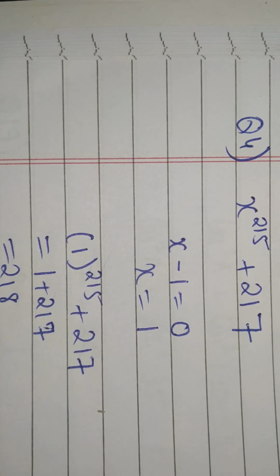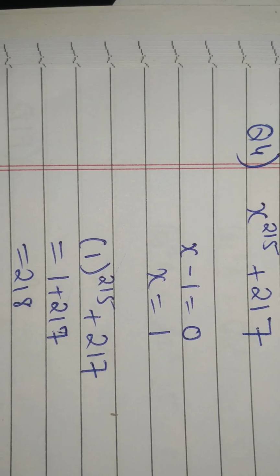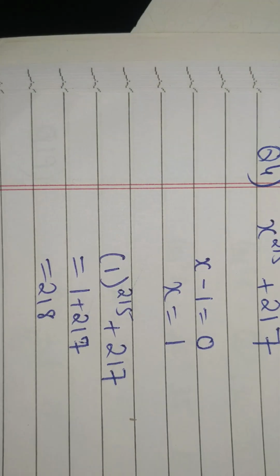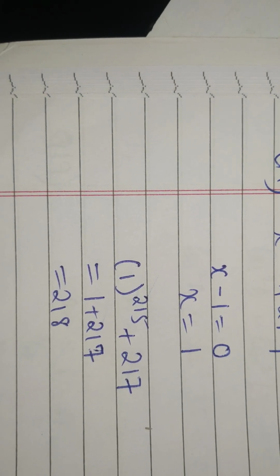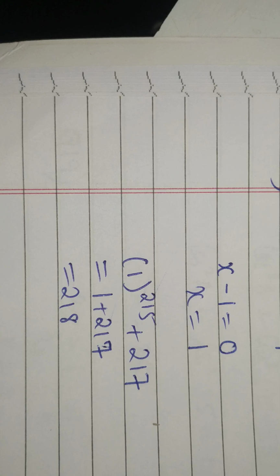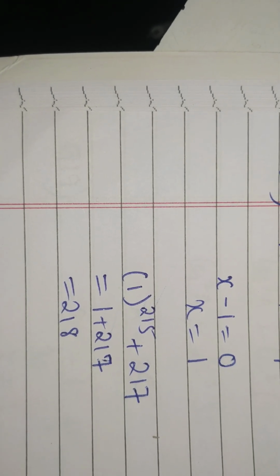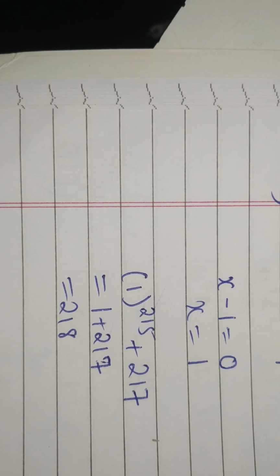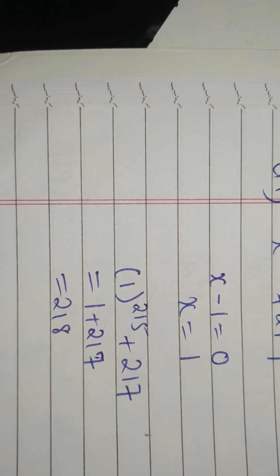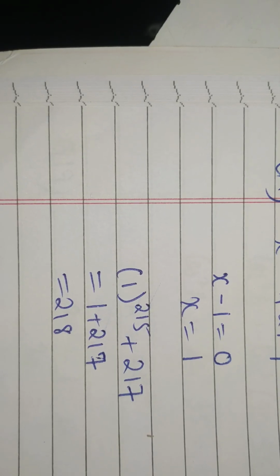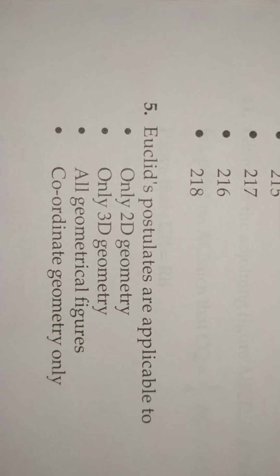I will substitute that in place of x. After substituting, 1 raised to 215 seems to be a very big number, but it is actually not. You have to multiply 1 by 1, 215 times, so you will get only 1. So 1 plus 217 will be 218. So the final answer will be 218.